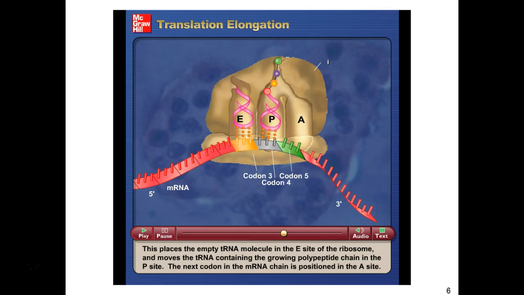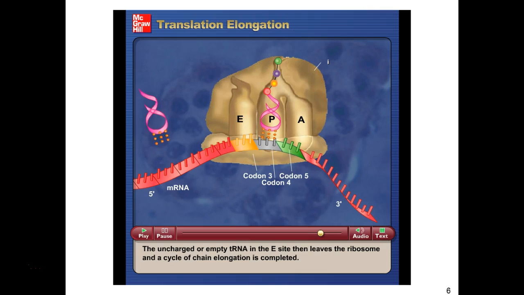This places the empty tRNA molecule in the E site of the ribosome and moves the tRNA containing the growing polypeptide chain to the P site. The next codon in the mRNA chain is positioned in the A site. The uncharged or empty tRNA in the E site then leaves the ribosome and a cycle of chain elongation is completed. Through subsequent cycles of chain elongation, the polypeptide chain continues to elongate one amino acid at a time.